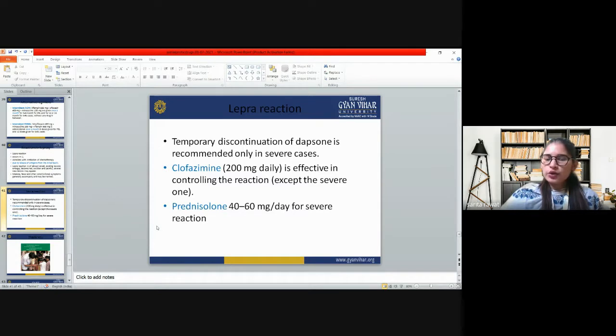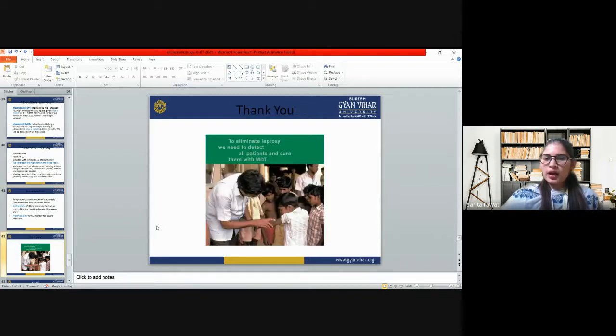Prednisolone is also used at 40 to 60 mg per day for severe reactions. Now, this is all about leprosy. To eliminate leprosy, we need to detect the patients and cure them with multi-drug therapy.